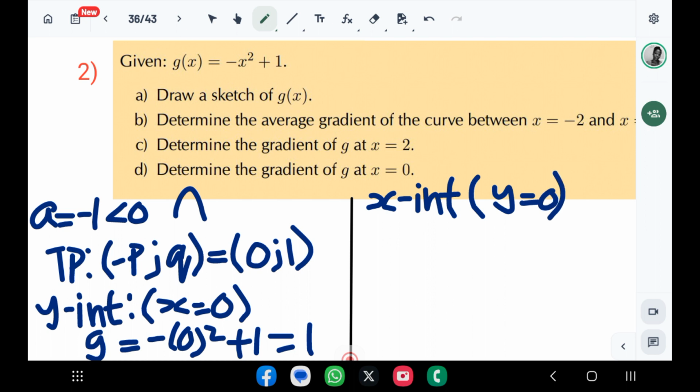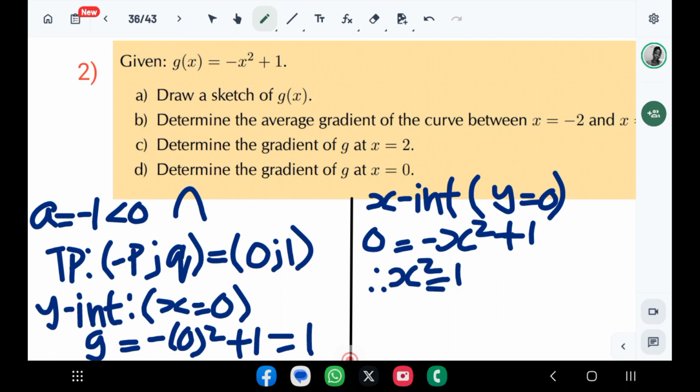When you make y 0, what happens? 0 equals minus x squared plus 1. Therefore x squared equals 1, meaning that x equals plus or minus 1.